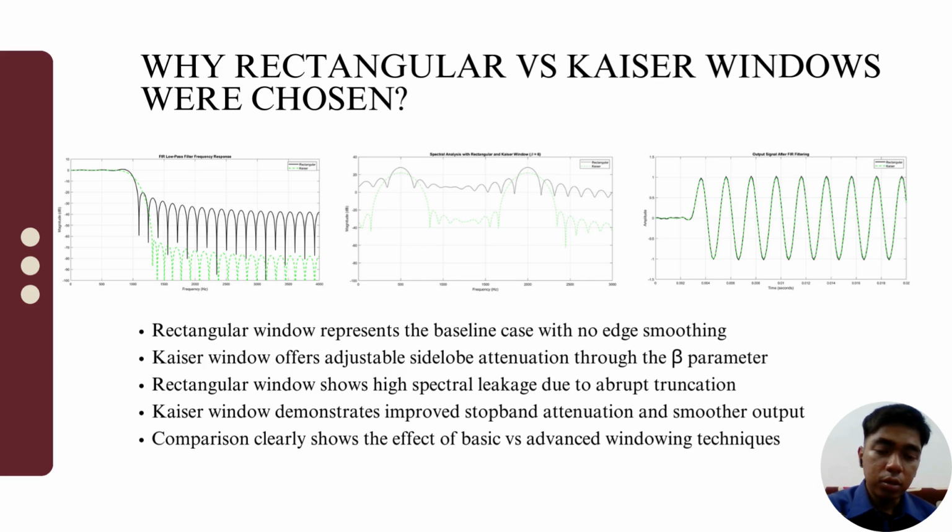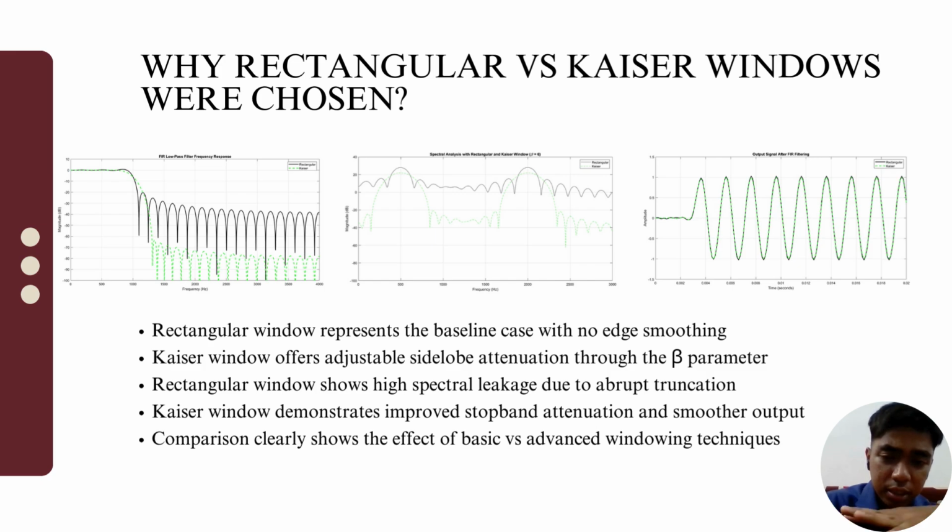The second one is the stop band attenuation. You can see the ripple in the stop band after 1500 Hz. The rectangular window has poor attenuation. Its side lobes are quite high, around negative 13 dB.